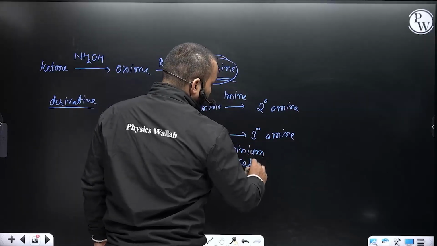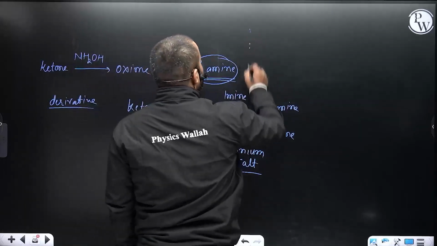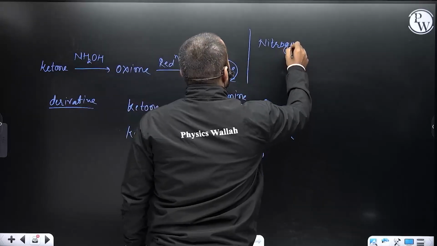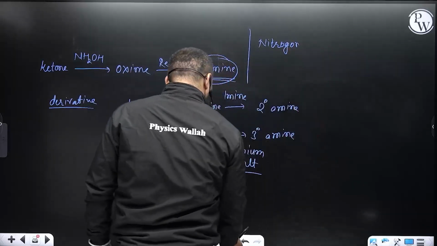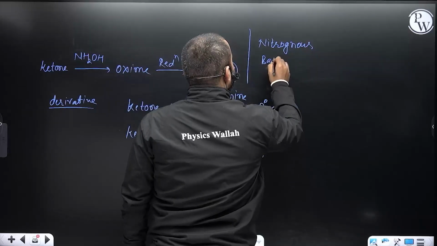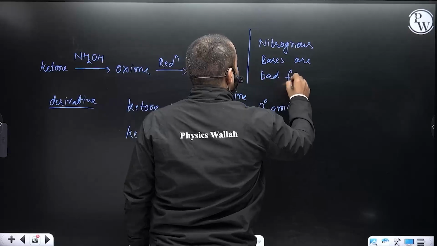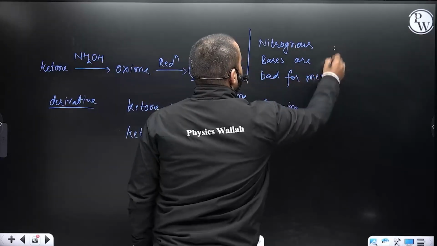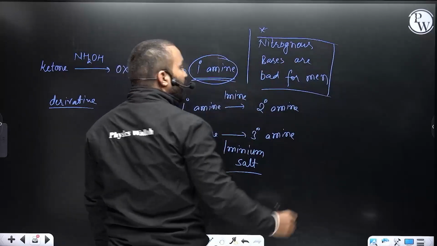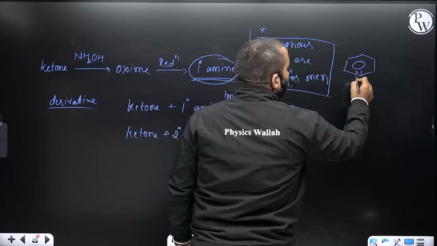Okay, interesting. One piece of information I want to give you, that nitrogenous bases are bad for men. You should know that. Prolonged use of nitrogen bases like pyridine, since we are studying this chapter, you should know that.